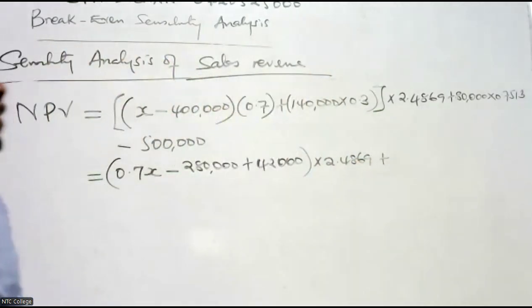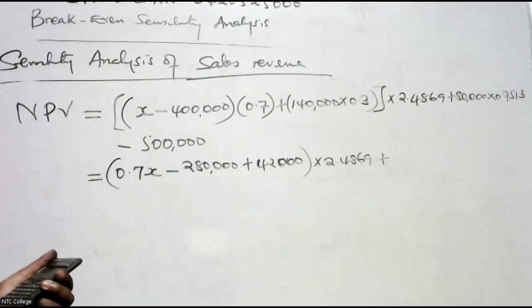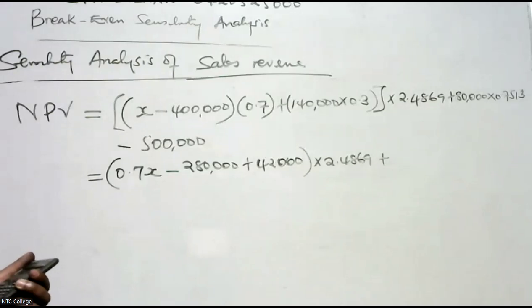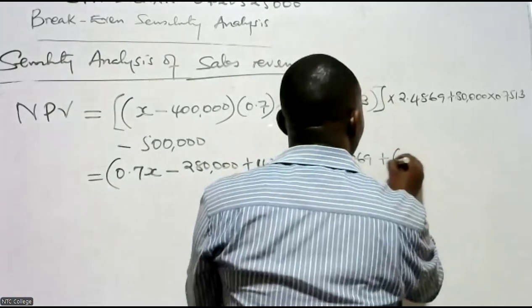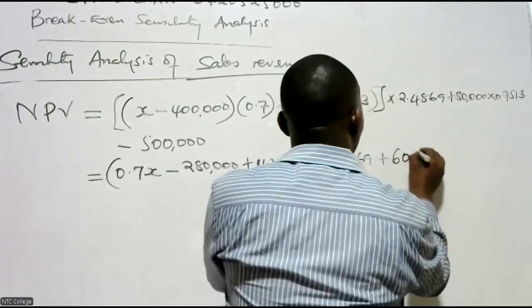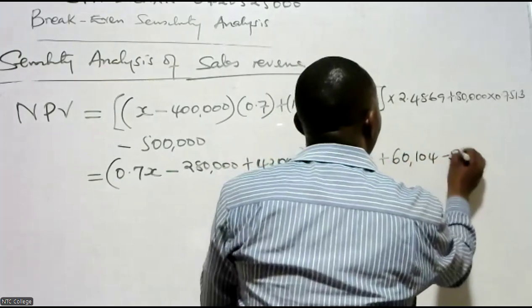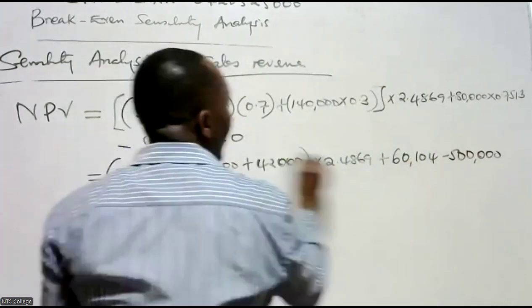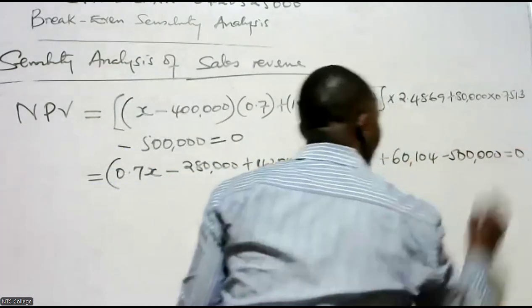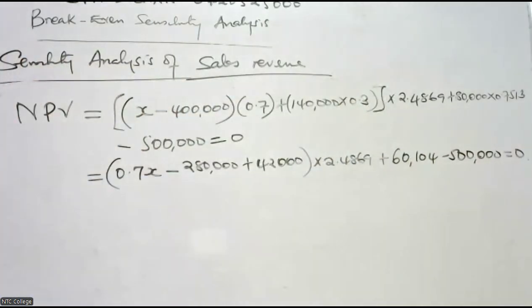So 80 times 0.7513, it was coming to be 60,104, minus 500. And this is equal to 0, because the NPV must be 0.